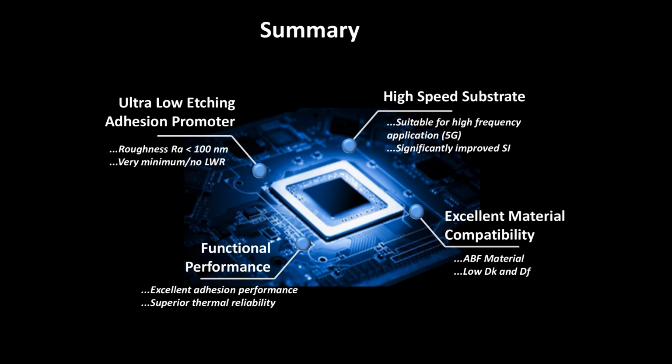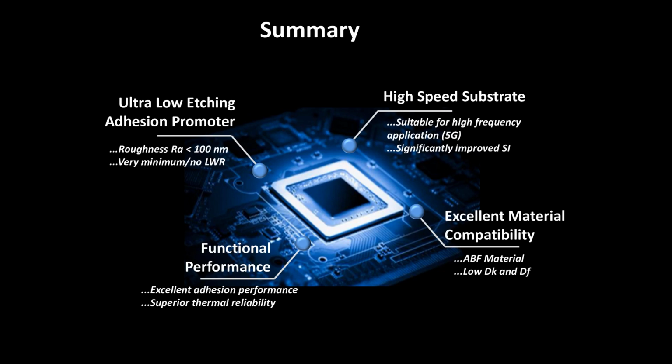that can be observed. That's the reason why this kind of properties and this kind of low roughening surface morphology is very suitable for high-speed substrate applications, which can significantly improve the signal integrity performance, of course. And as I showed before, with low roughness we improve the surface morphology, but we still maintain good functional performance, which is adhesion performance and also superior thermal reliability.